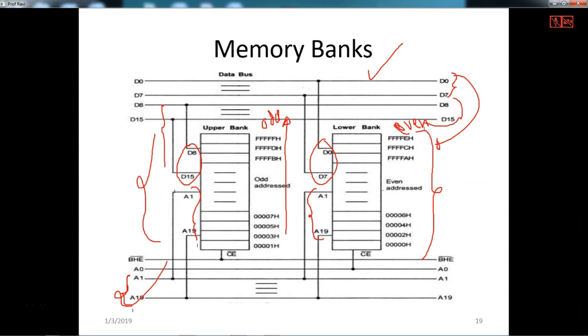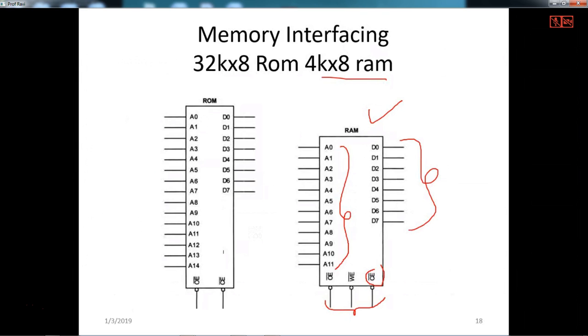And two signals we use very clearly. One is bus high enable and another one is A0. A0 is connected to chip select of the even bank and bus high enable is connected to chip select of the odd bank. This is fundamental. So your A0 pin and BHE pin are connected to, see here you have chip select of each memory IC.